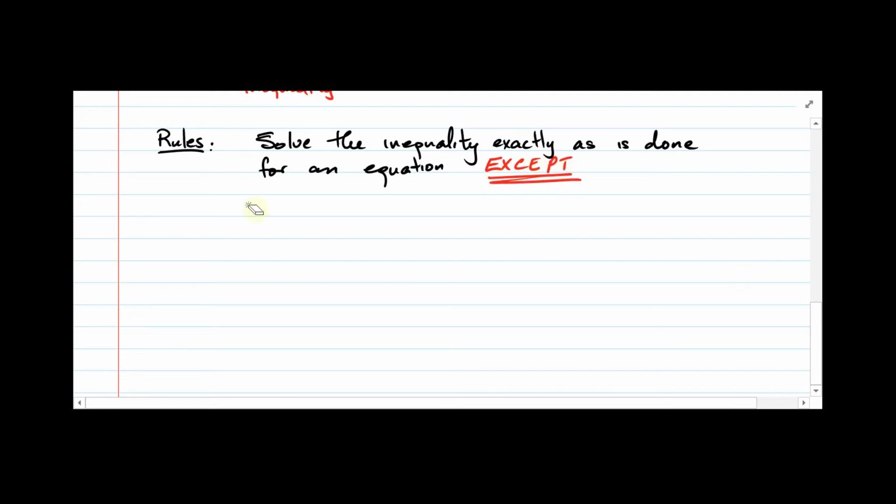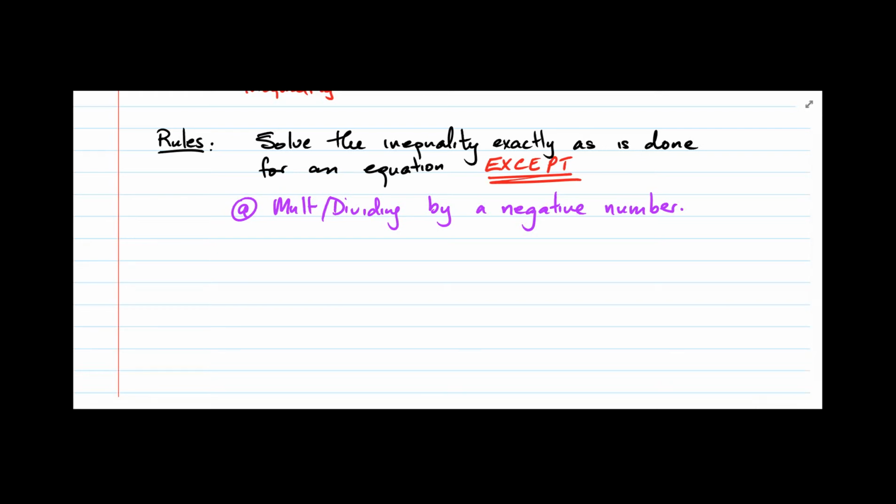And our first rule, of course, will be A. If we are multiplying or dividing by a negative number. Now, of course, we won't necessarily be looking at numbers, but how this translates is if I have minus 3x is less than 6, I have to be aware that I'm going to be dividing by a negative number.